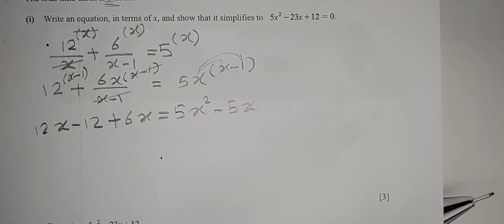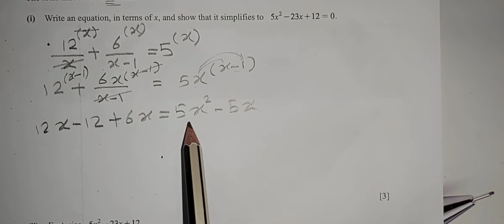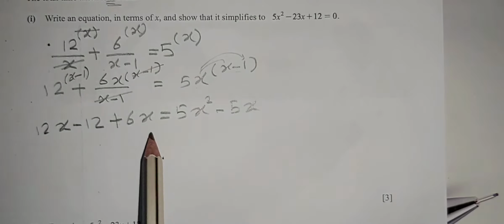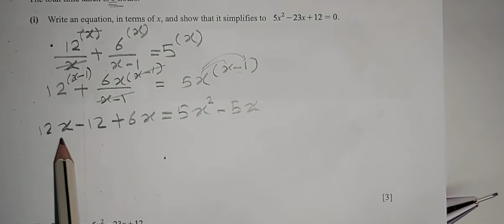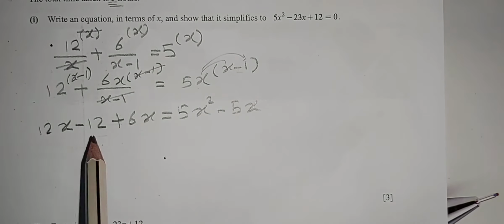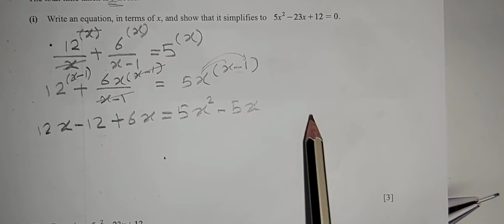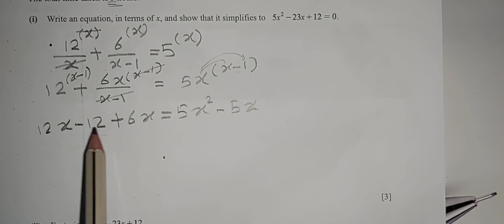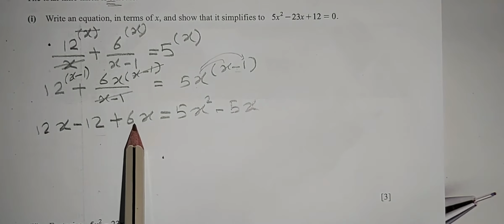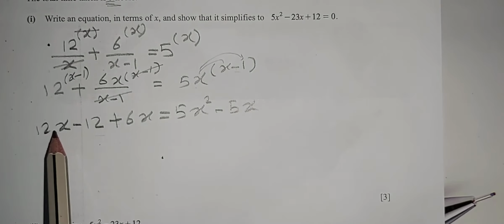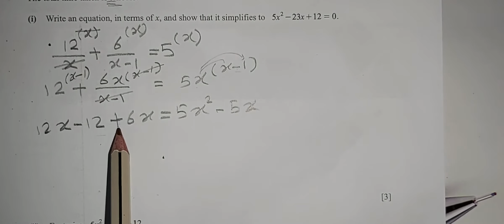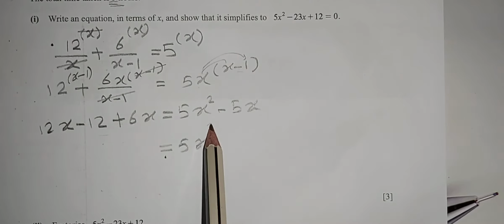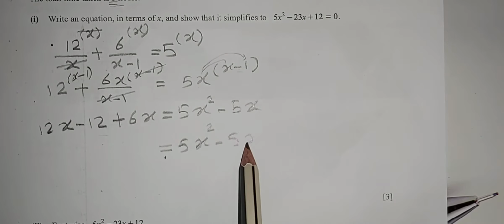5x times minus 1 is minus 5x. Now keep this right hand side and move all the terms on the left hand side to the other side. So 12x plus 6x is 18x. Here we have 18x. 5x squared minus 5x, we will keep it here.